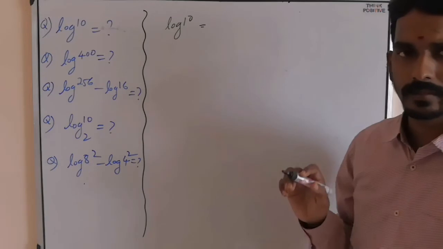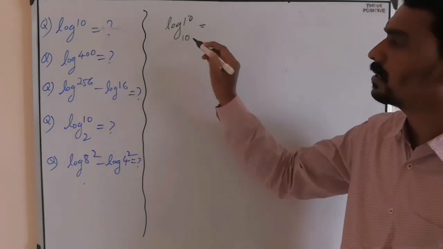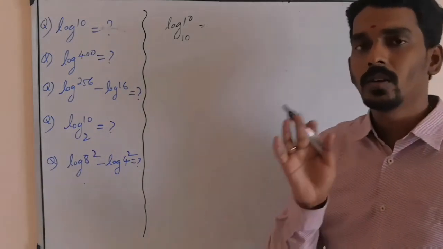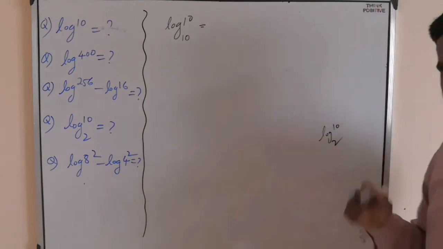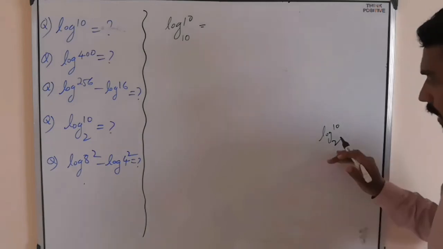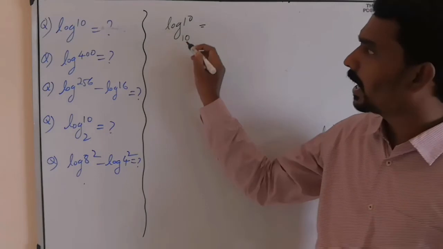Log is there. So what should be the base? If they are not mentioning, it means 10 only. If they mention something else, then you don't change it, like log 10 base 2. They can give that, but in physics it will not come. So, log 10 base 10.